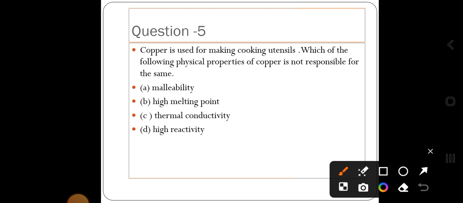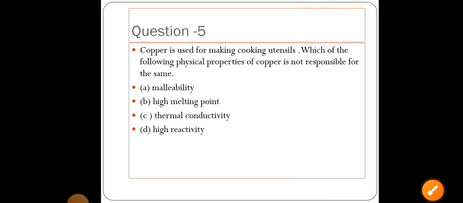Now the fourth one is high reactivity. This is the wrong option because whenever we cook food in copper utensils, it is not highly reactive and no poisonous substances are formed from it, right? It is very stable and has low reactivity. So the option is going to be D, that is high reactivity.